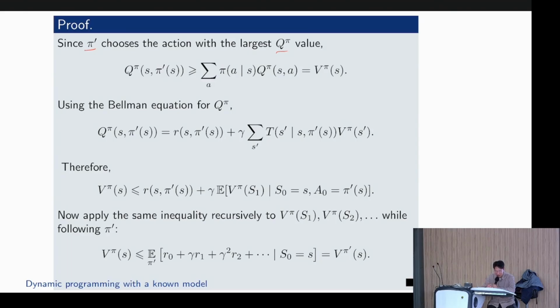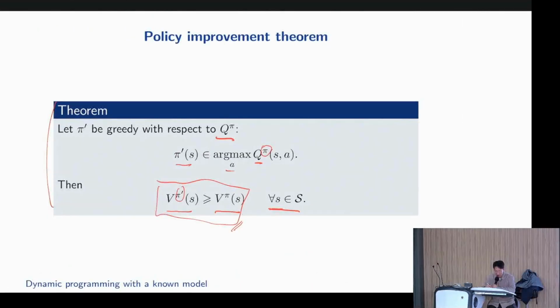Let's insert pi prime here in the action slot. Since this is greedy, here you insert all the actions and take the one that's argmax.